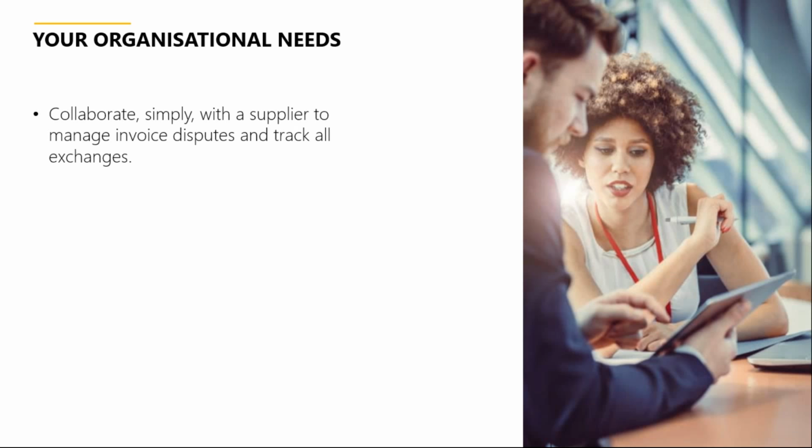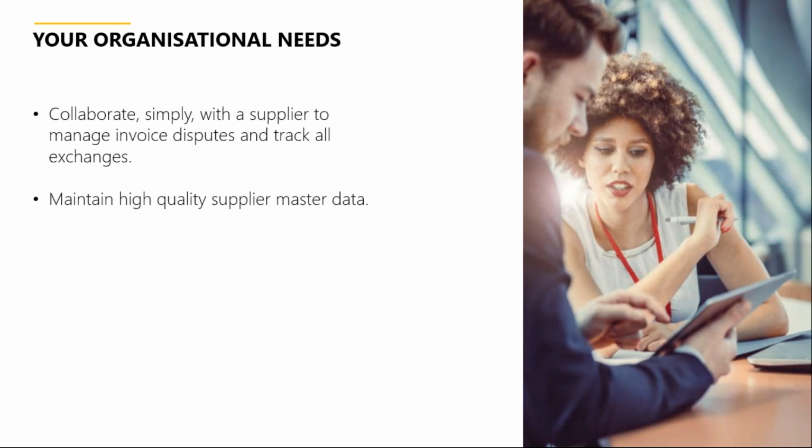But in this case, it could be specifically to deal with any disputes on an invoice. Probably likely to do with either a goods receipt, i.e. you've ordered a certain amount and they haven't all been fully delivered, or there's a query on an invoice to do with a price, something like that. Or it could be a non-PO invoice that, well, we didn't order these goods, or it's completely different.